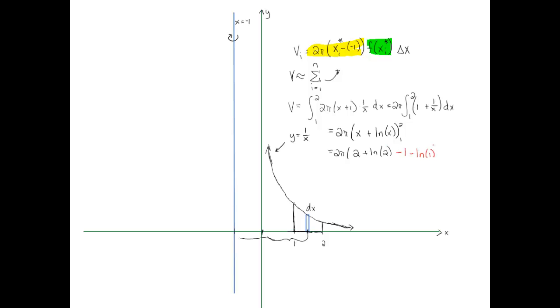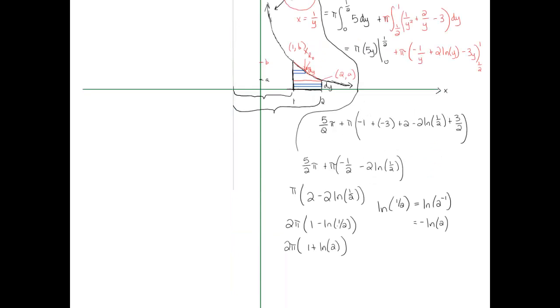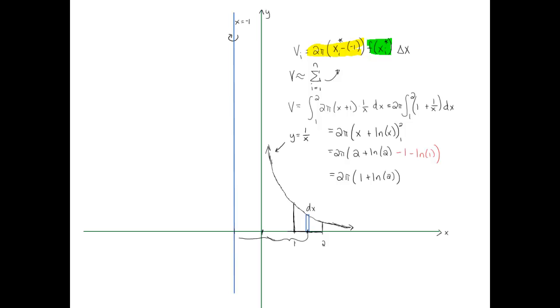However, the natural log of 1 is just 0. So this will turn into, beautifully, very quickly in fact, 2 pi times 1 plus the natural log of 2. Now, if you look at what we have just done, we get 2 pi times 1 plus natural log of 2. But you see how much work was required in that last example versus this one.